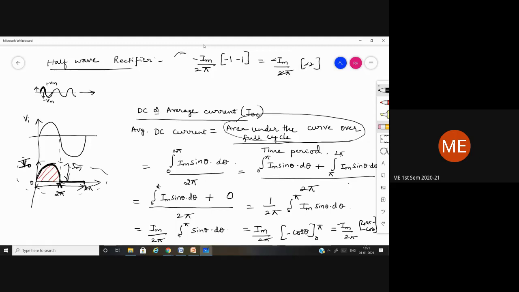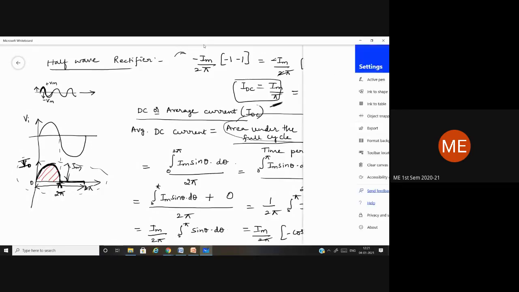The minus signs cancel and 2 cancels, and we have Im by pi. So IDC is equal to Im by pi. This is the formula. If you want, substituting pi as 22 by 7, you can write it as 0.318 Im, or you can stop it here only. This is the formula for the average DC current.